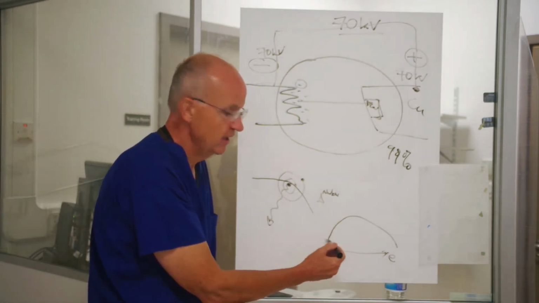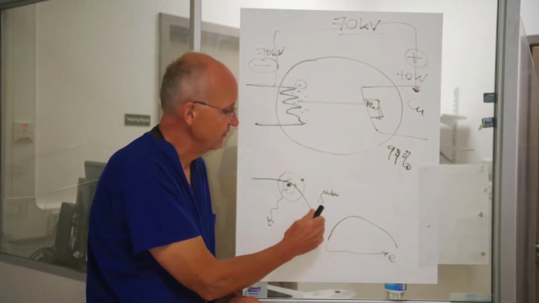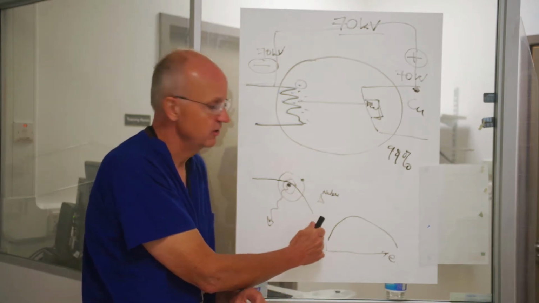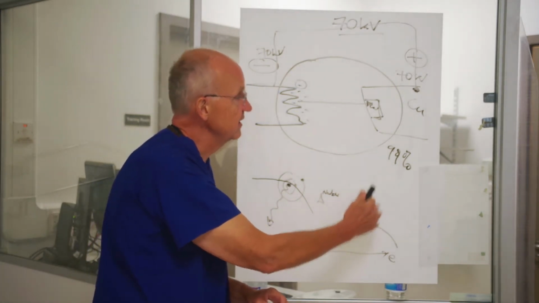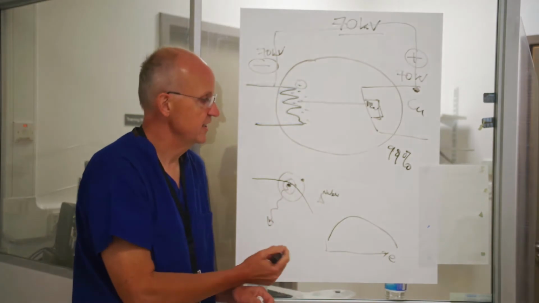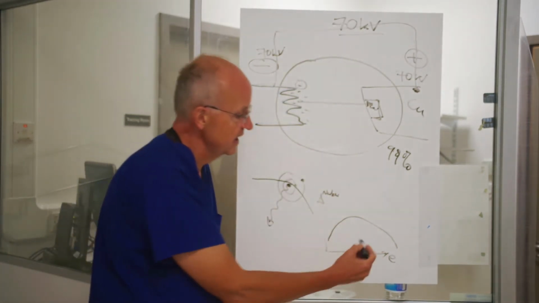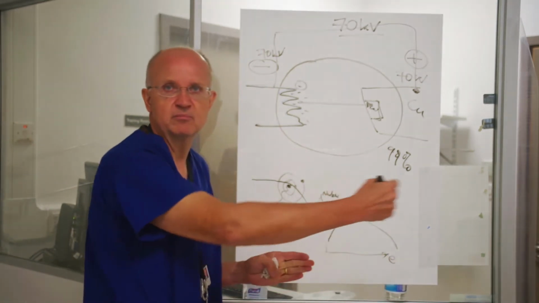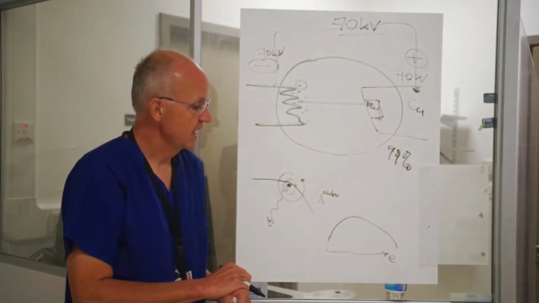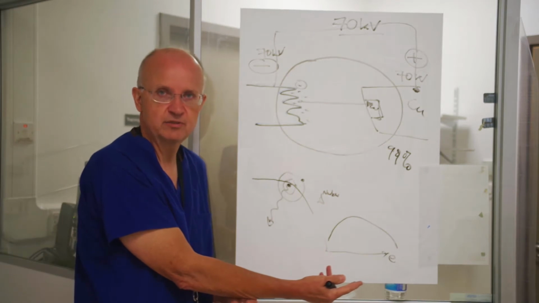So this is going to have a low number of low energy photons, rising to a peak in the middle of around about what we've set, so photons that would have 70 kiloelectron volts, and then tailing off for the higher energies. And that we call the continuous spectrum.